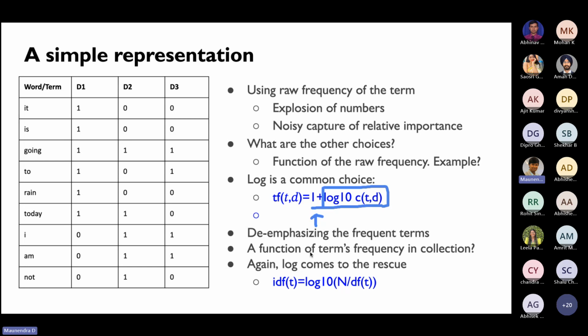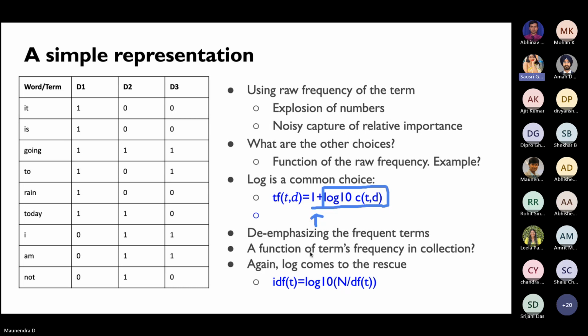Can you please repeat that? You are saying we are multiplying and we are adding 1? Yeah, suppose some value we are multiplying with TF, some A into TF. If the TF is 0, then that A into TF will give a 0 result, so there is no point of multiplication with the TF.